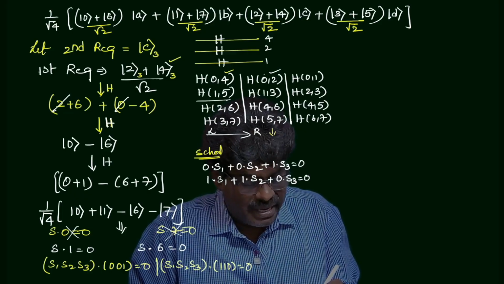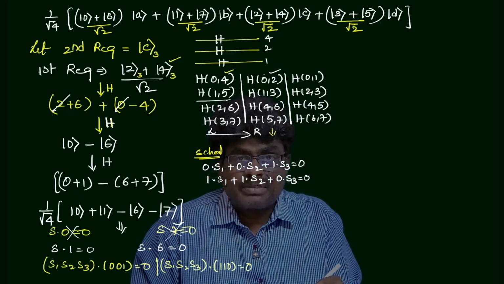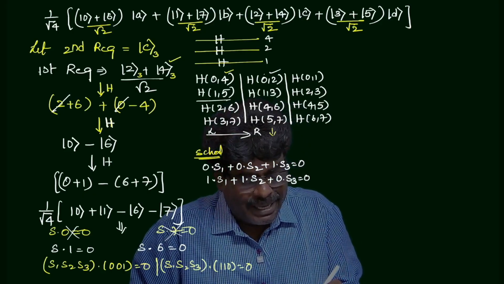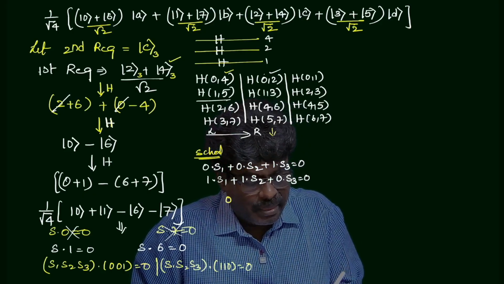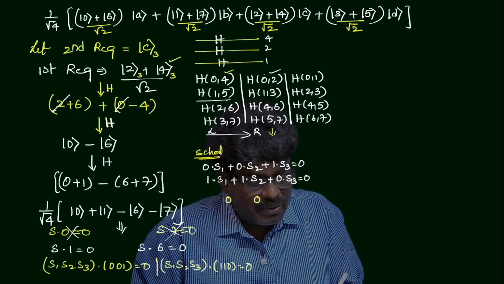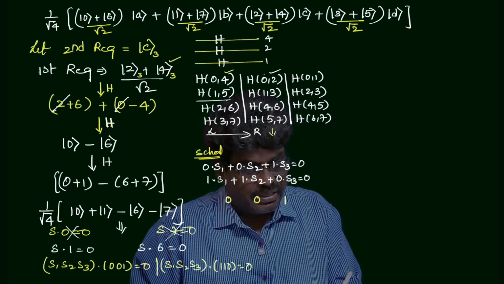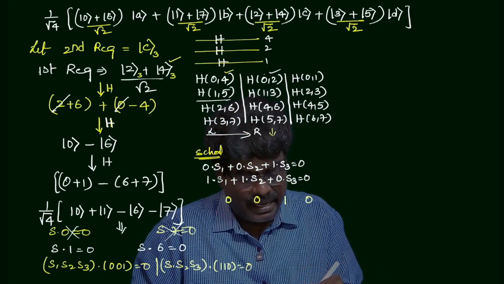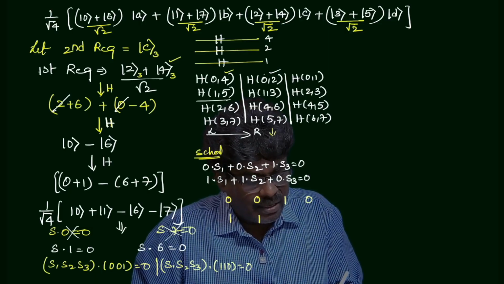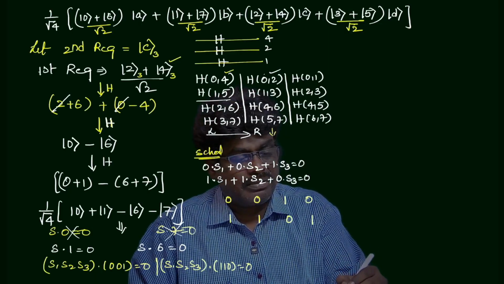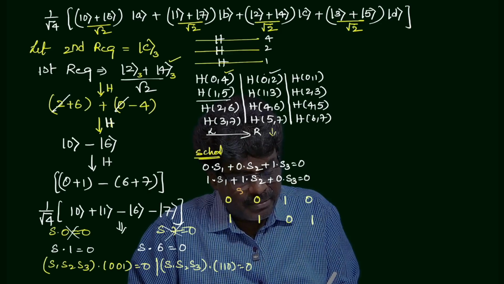Here what I am saying is, first write the coefficients, go in order. S1 coefficient 0, S2 coefficient 0, S3 coefficient 1, and again repeat the first coefficient 0. Second equation 1, 1, 0, 1. So this is nothing but what?